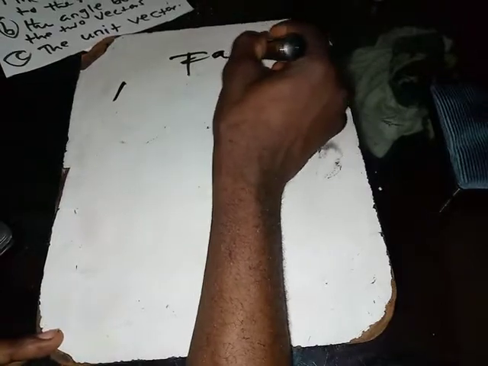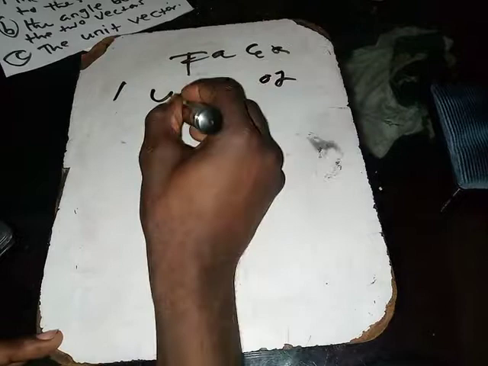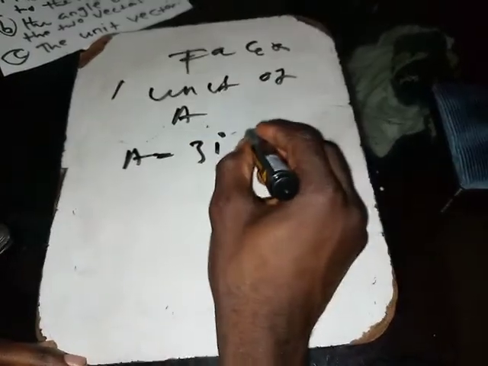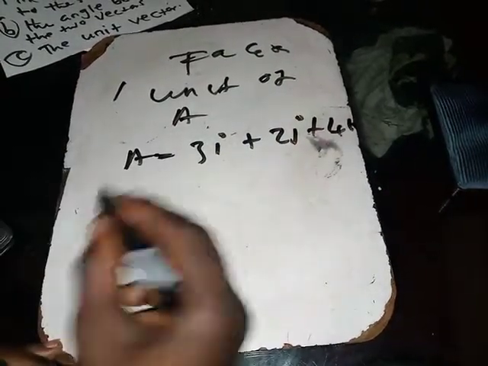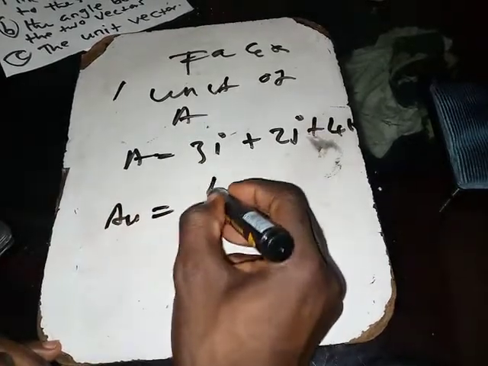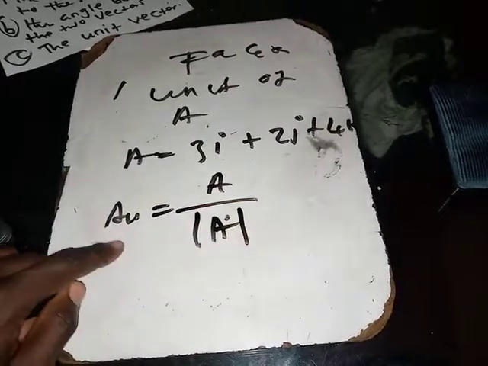For example, if they tell me to find the unit vector of vector A such that A is equal to 3i plus 2j plus 4k, then a unit vector is the vector itself, A, divided by the magnitude of A. This is the formula.